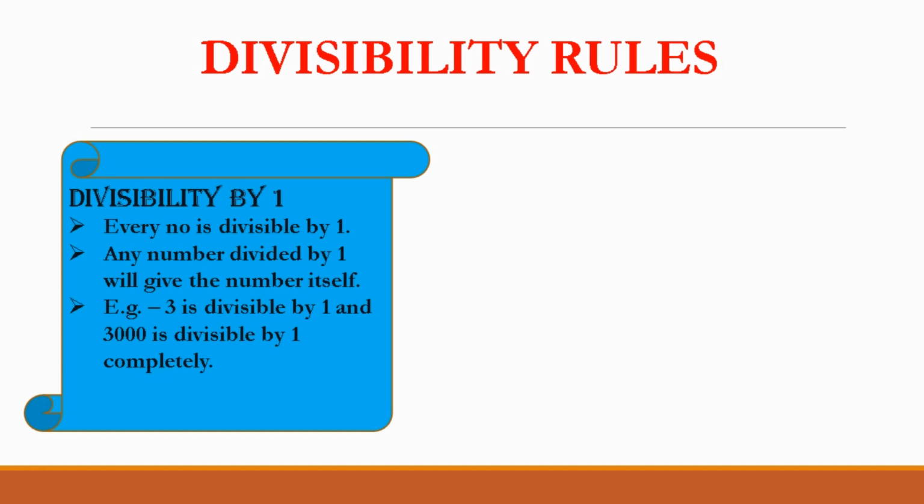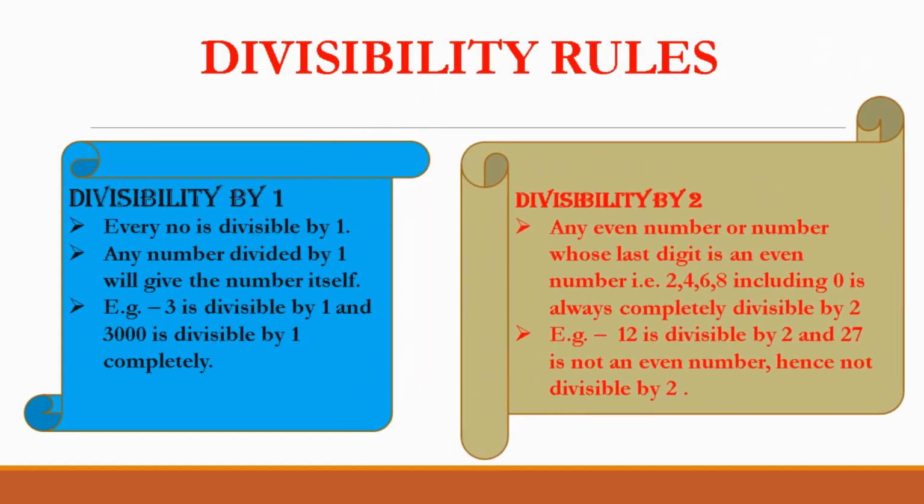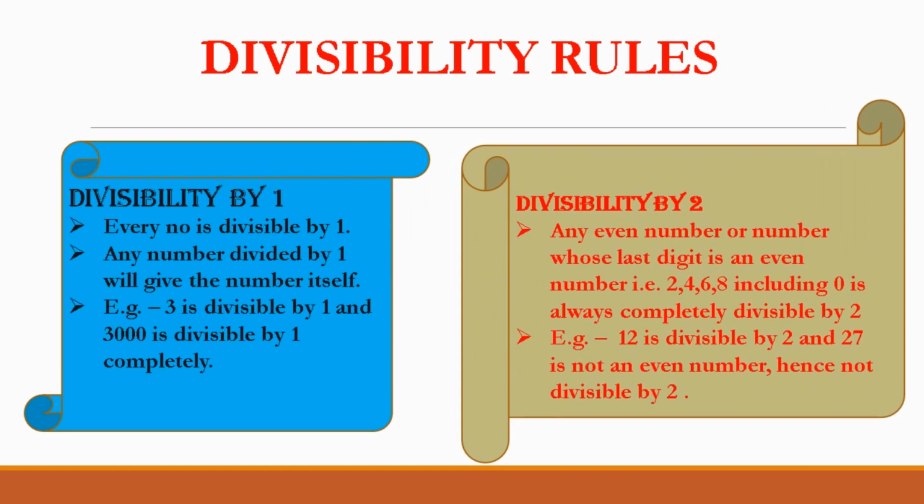Divisibility by 2. Any even number, or number whose last digit is an even number, that is 2, 4, 6, 8, including 0, is always completely divisible by 2. For example, 12 is divisible by 2. Here you have to check the last digit of the number, which is 2, and divide it by 2.